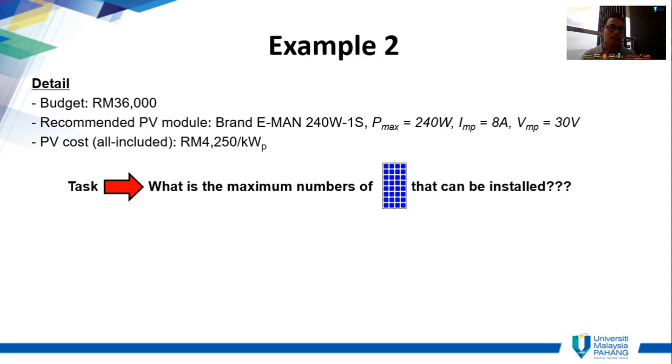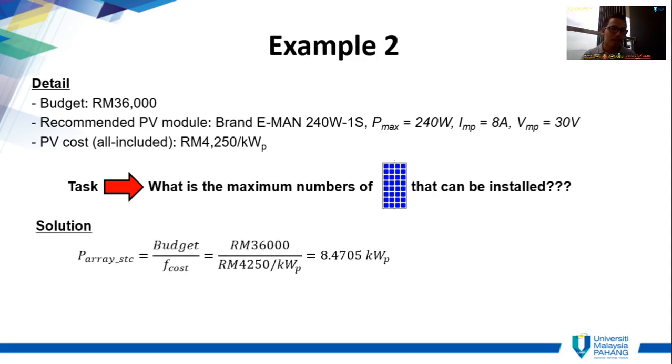The calculation is very simple. So P_R,STC equals budget over F_cost, which the budget is 36,000 ringgit Malaysia over the 4,250 ringgit per kilowatt peak. So here we are going to get the P_R,STC of 8.4705 kilowatt peak.